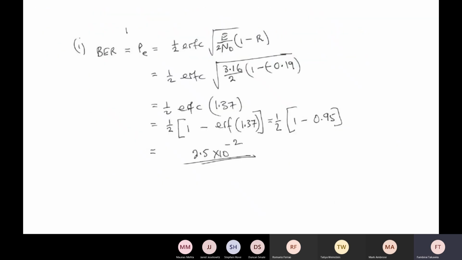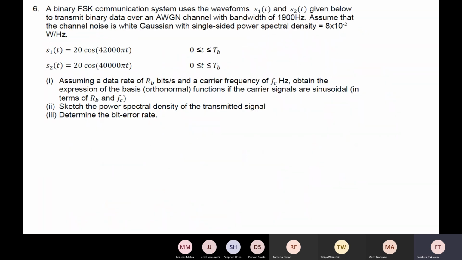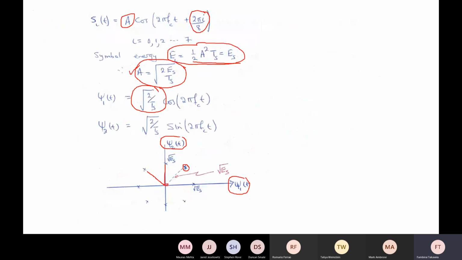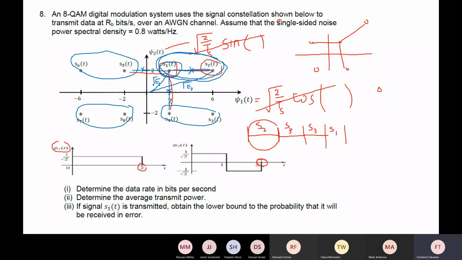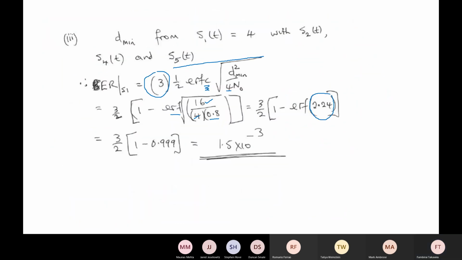So then we're saying that the error function of 2.24 is about 0.999. Then the complementary is 1 minus 0.999, but we also have a factor of 3/2 that we need to take into account, and that gives us approximately 1.5 times 10 to the minus 3.